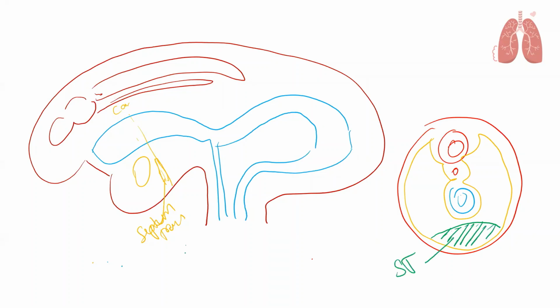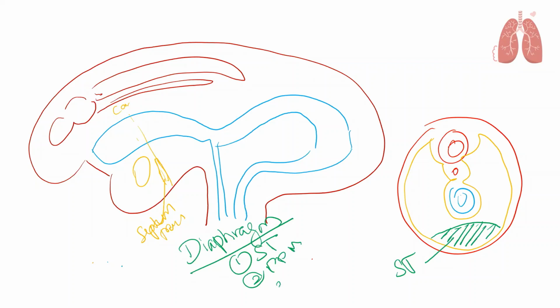So the diaphragm develops from three origins. Four, right? You have the septum transversum, you have the pleuroperitoneal membranes, you have the esophageal mesentery, and then you have the lateral body wall muscles.